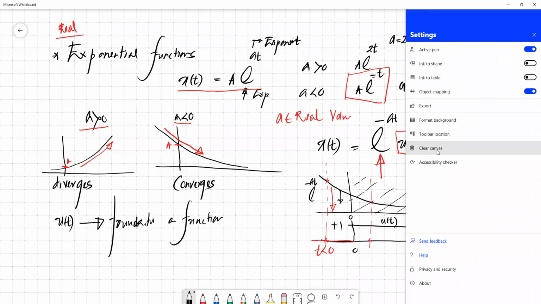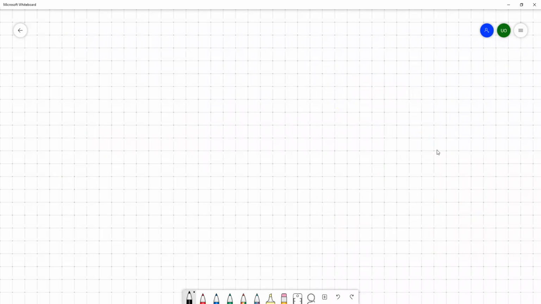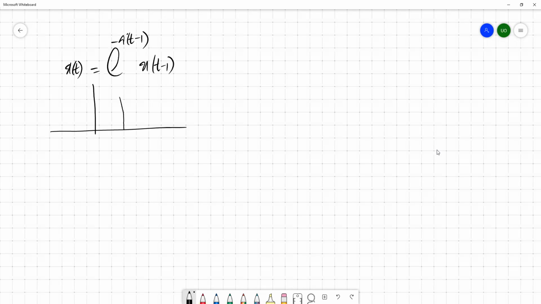Okay, what happens if a function is like this? You have another function x(t), which is e to the power minus a (t minus 1). If you draw it, you can simply say it's something like that.